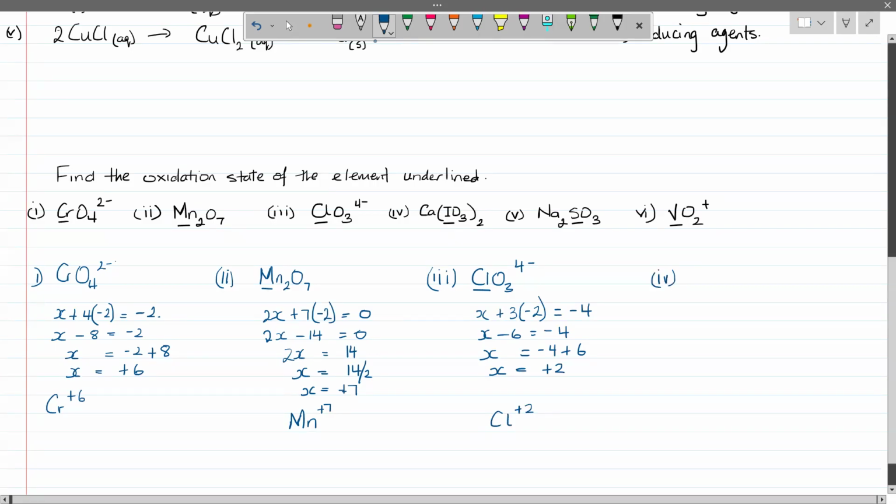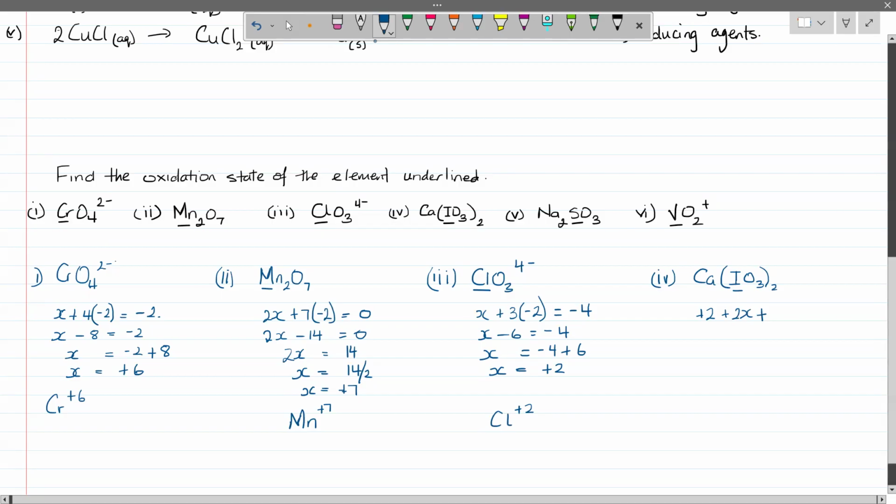Going again, we have Ca(IO3)2, or in a bracket also 2. So calcium is a group 2 metal. Iodine, we're gonna use X, but there's 2 outside here, so this is 2x. Now we know the oxidation number of oxygen is -2.